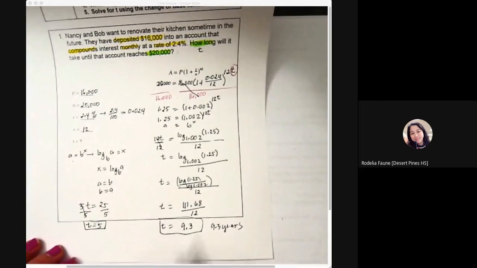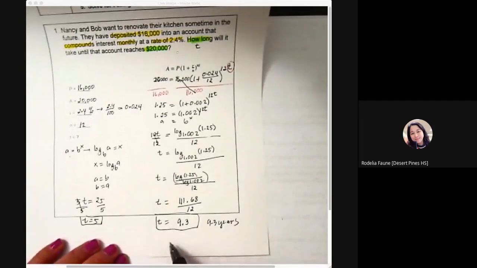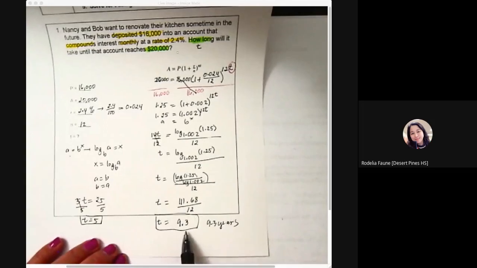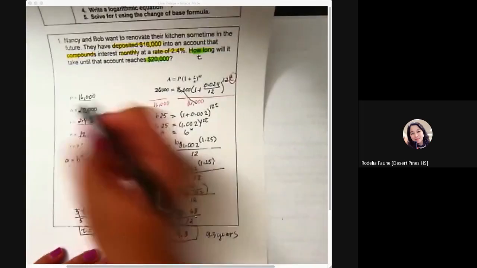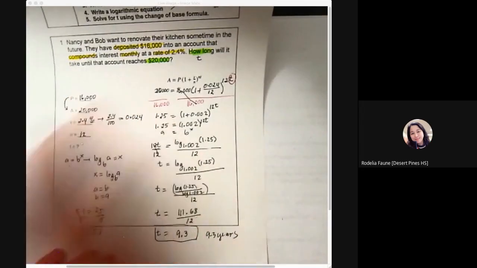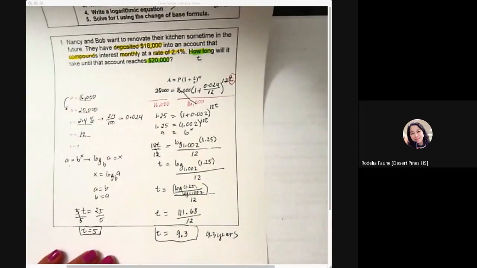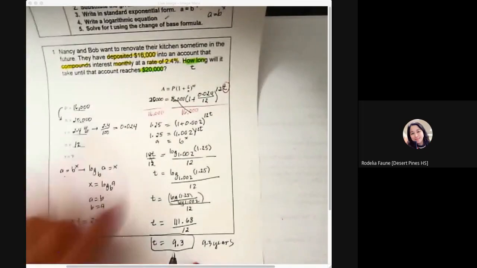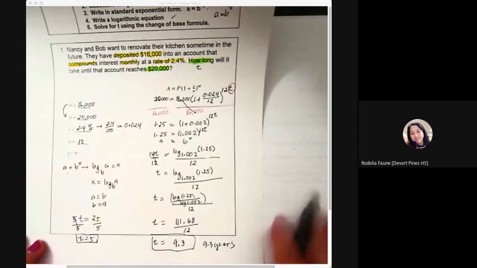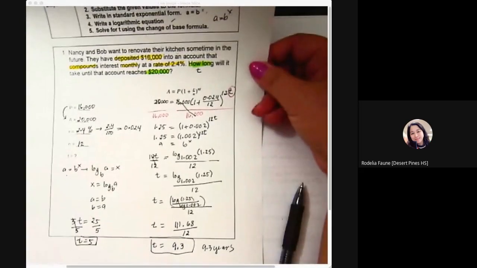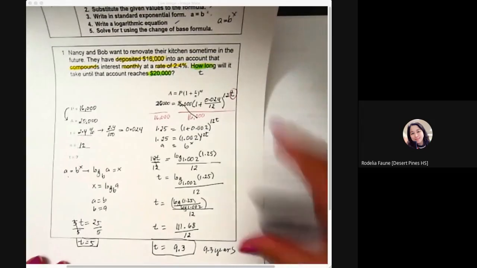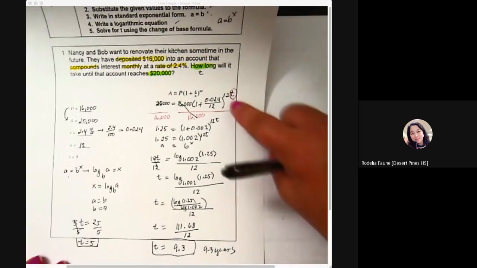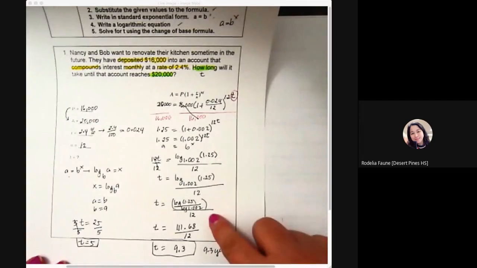So this is problem number 1. See how we use these two formulas, the compound interest and the change of base.